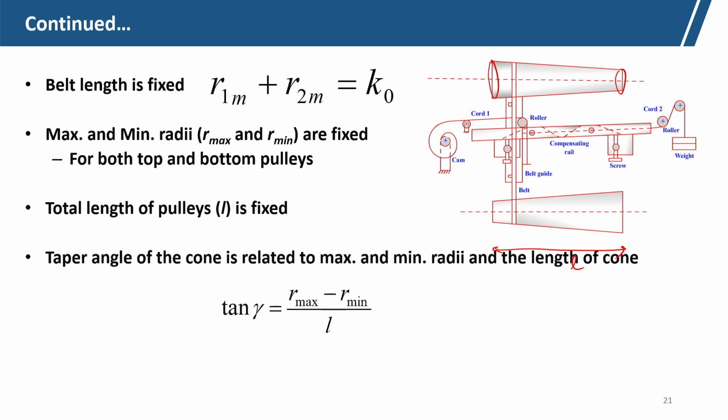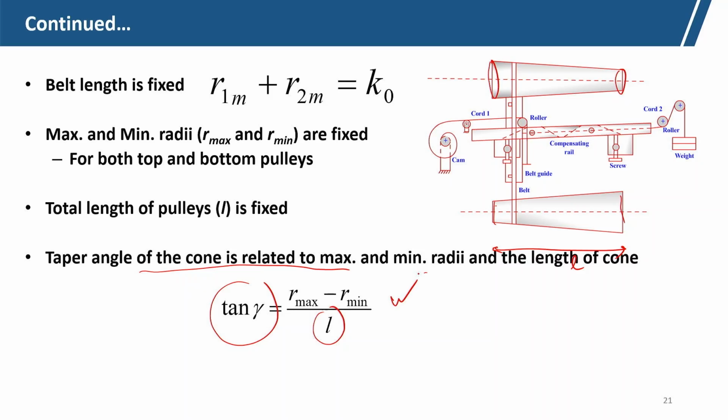So, the taper angle of the cone is related to the maximum and minimum radius and the length of the cone. From the maximum and minimum diameter and the length of the cone, we can calculate tan gamma, which will be R max minus R minimum divided by the length of the cone.